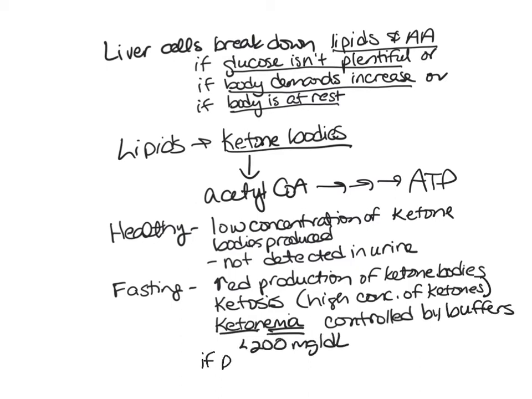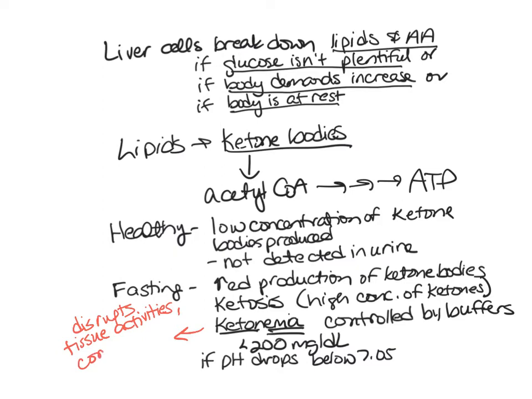If the pH of the body drops below 7.05, then more ketone bodies are going to be produced, and you'll have ketonemia. And ketonemia, if it's severe enough, can disrupt tissue activities. It can cause coma. It can cause arrhythmias of the heart. It can even cause death.